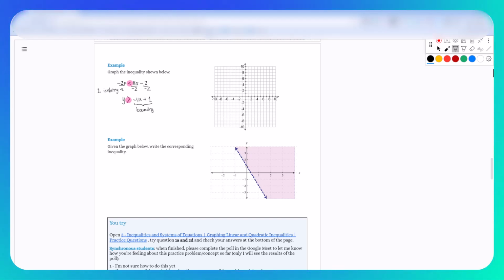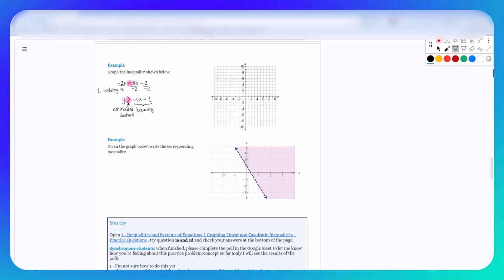But we have to decide, is it included? Because this is greater than, it is not included, and therefore the boundary line is going to be a dashed line.